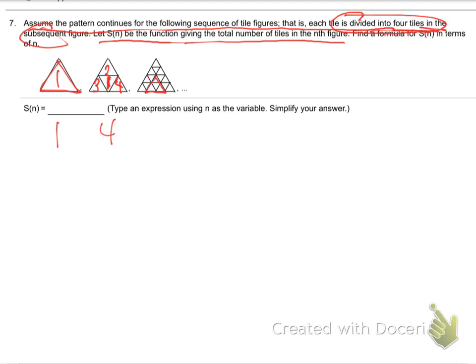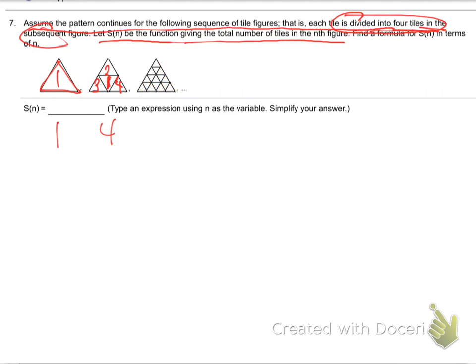Let me try again. It's right there. Because it's number 1, and they go 2, 3, 4. See how they make it 4 times as many? They just break the main tile into 4 times as many. So that's the pattern. They just keep breaking.